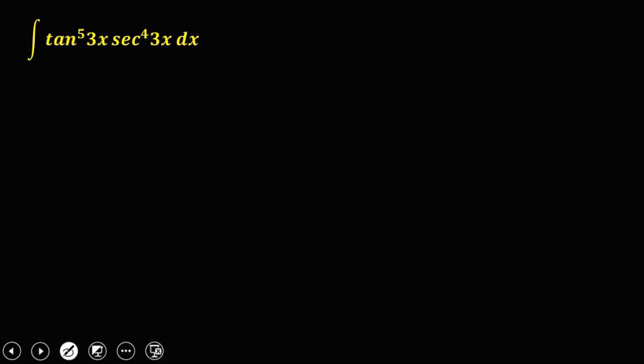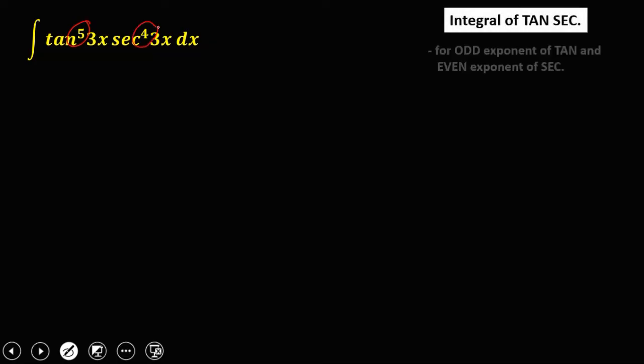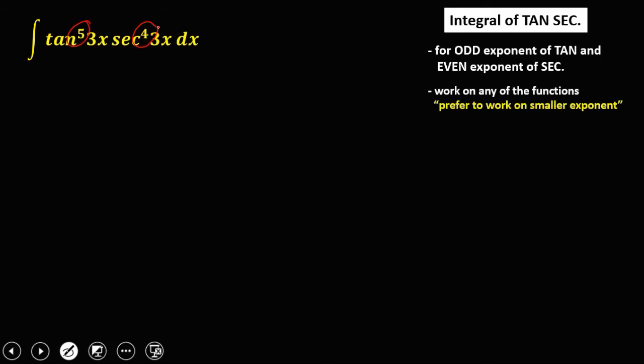Then for this given, the integral of tangent to the power 5 3x times secant to the power 4 3x, since this given satisfies the two conditions that the exponent of tangent is odd and the exponent of secant is even, in this case, I prefer to work on the smaller exponent.